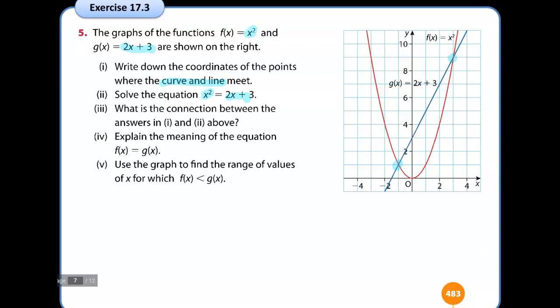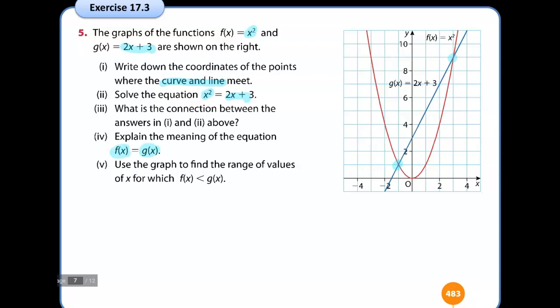So the points I've just highlighted, (3, 9) and (-1, 1), are the two points where they meet. It is the solution to f of x being equal to g of x. And in part 4, it asks again about f of x equaling g of x.